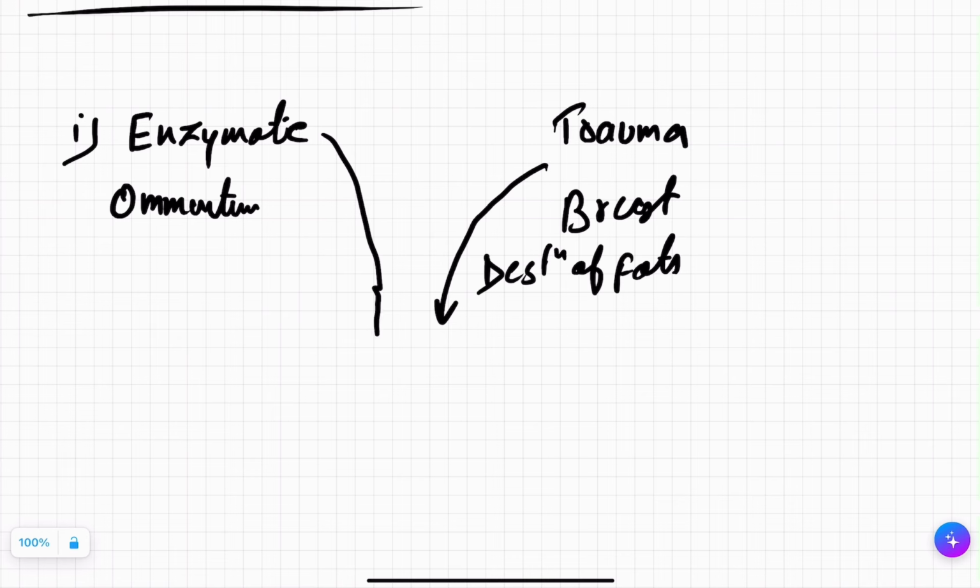For example, there was pancreatitis, and the pancreatic lipases all came outside of the pancreas, inside the peritoneal cavity. Inside the peritoneum, you have omentum, and omentum is rich in fat. So those lipases will act on the omentum, and again, fat breakdown will take place.